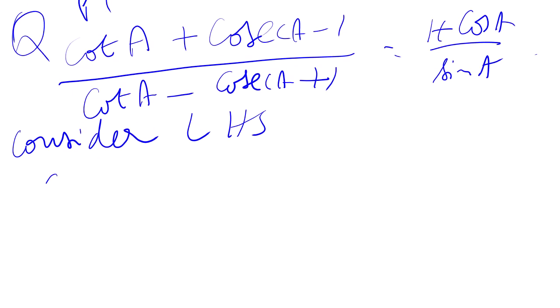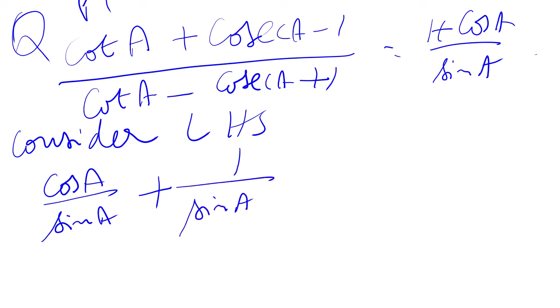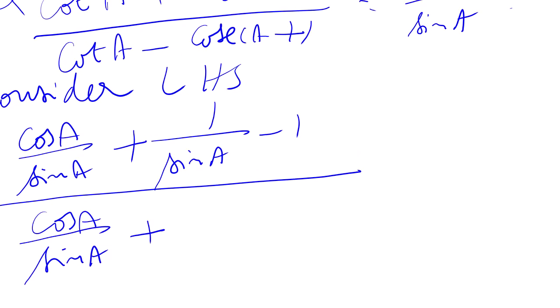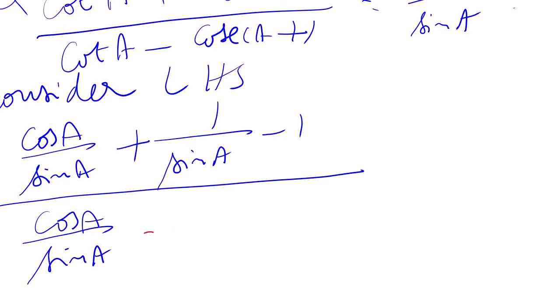Cot A can be written as cos A upon sin A plus cosec A can be written as 1 upon sin A, minus 1 upon, again cot A can be written as cos A upon sin A minus cosec A can be written as 1 upon sin A plus 1.